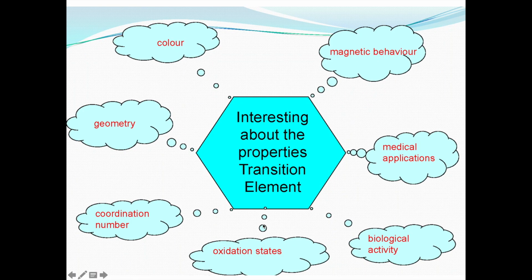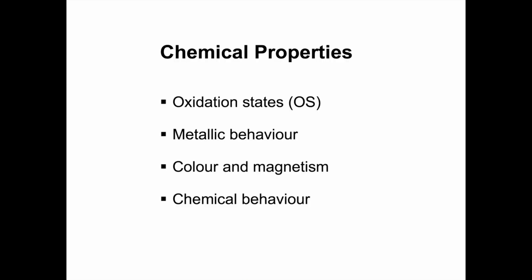So as you can see here, we have a few interesting properties of the transition metals, such as they are colored compounds, they have magnetic behavior, they have been used in medical applications, they have various biological activities, and they have various oxidation states, coordination numbers, and also geometries.